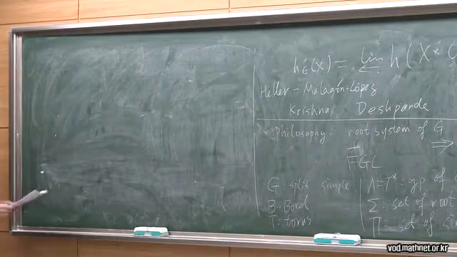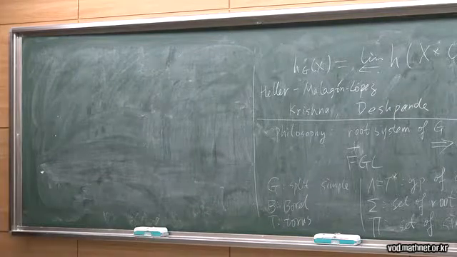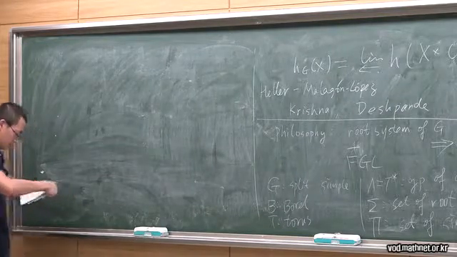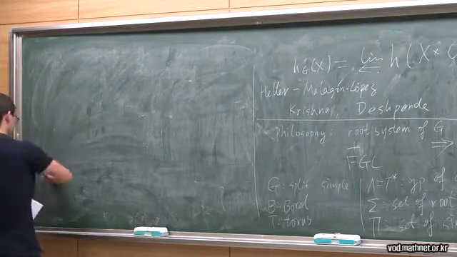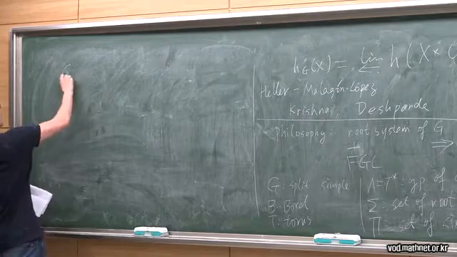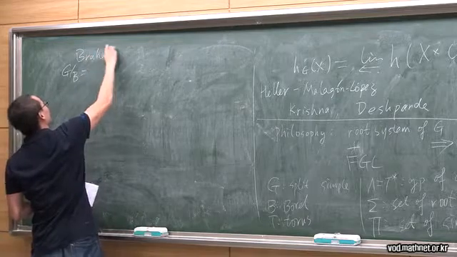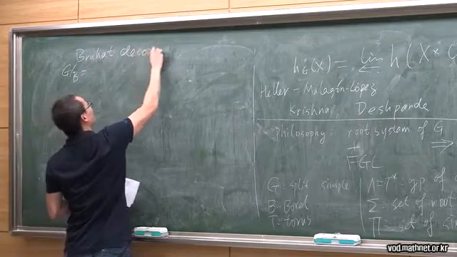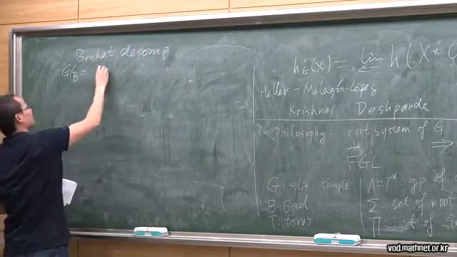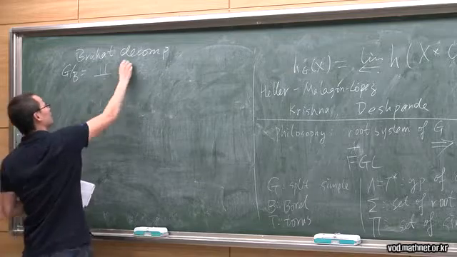Okay, so first let's look at the Chow group. So first we need to know the structure of this homology. Homology has this Bruhat decomposition. That is, you can decompose it into BwP.